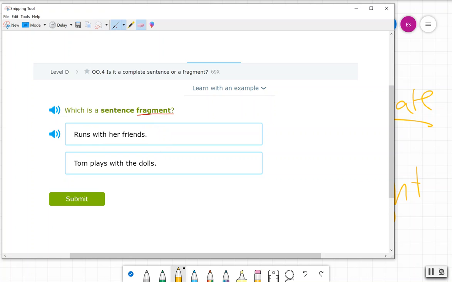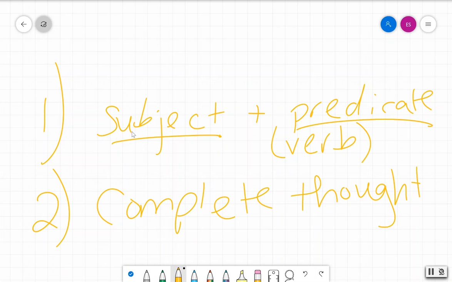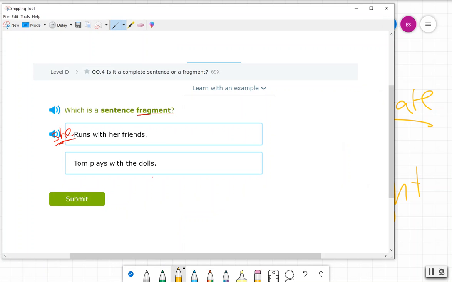It says runs, but who runs? It says her friends, so we're guessing that it's probably she, but we don't actually have that subject. We need the she runs with her friends to follow this first rule, to have a subject and a predicate. So this one is the sentence fragment.